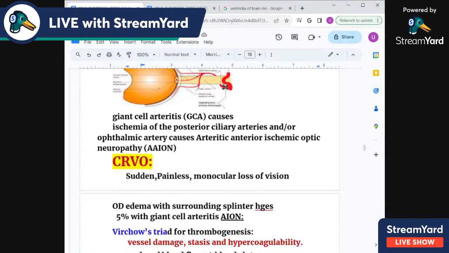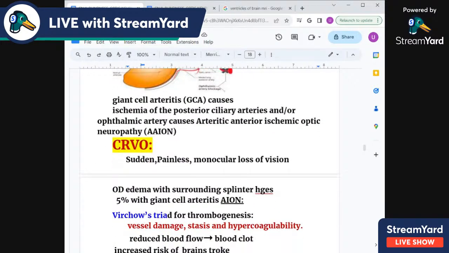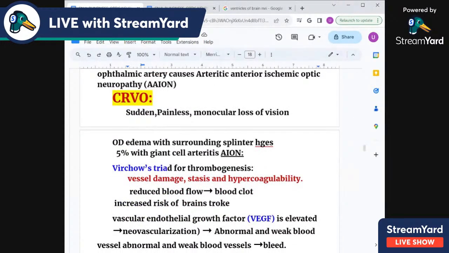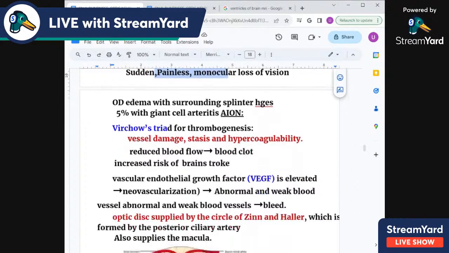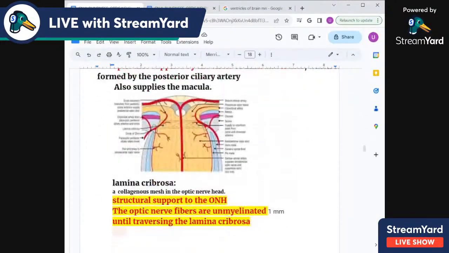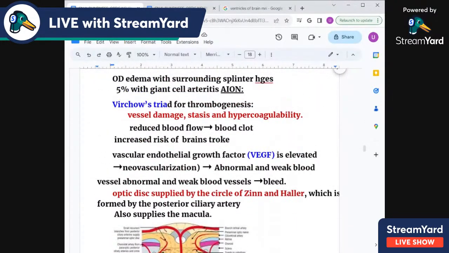And then we have the central retinal vein obstruction that also causes sudden painless monocular blindness and follows Virchow's triad: vessel damage, stasis, and hypercoagulability. And this causes brain stroke also because of the blood clot formation.